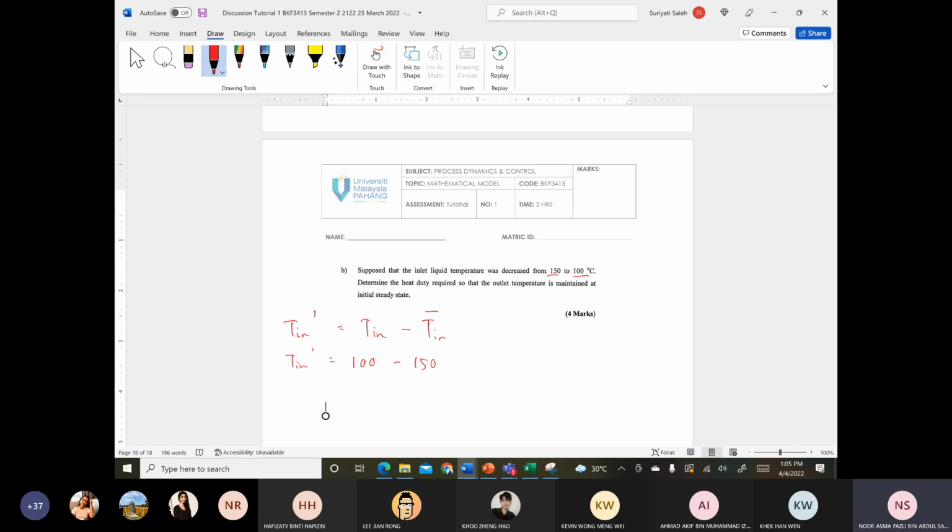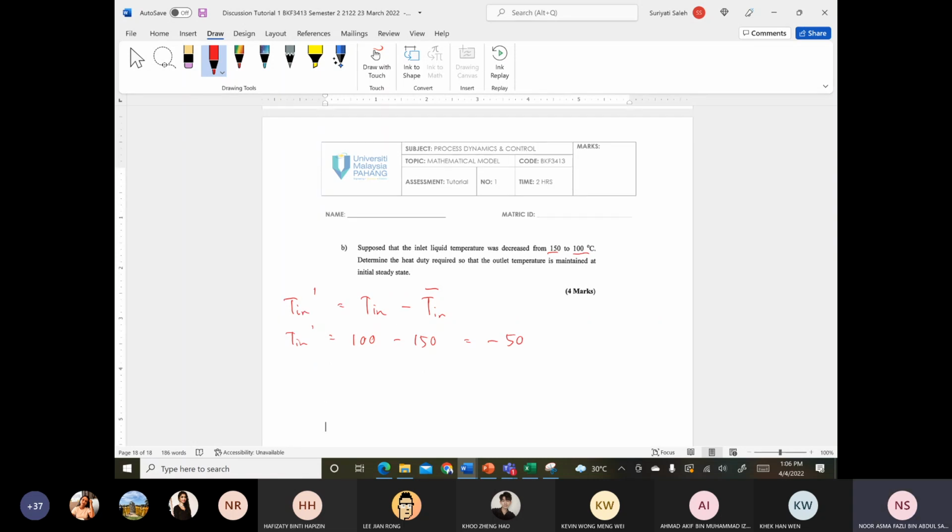Why do we put T in as 100 and T in bar as 150? Because initially the inlet liquid temperature specified is 150 degrees C, and it has been changed to 100. So T in minus T in bar is the final value minus the initial value. So here T in prime equals negative 50.